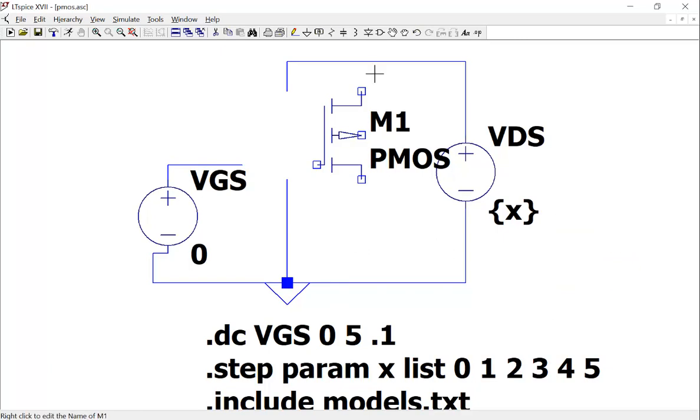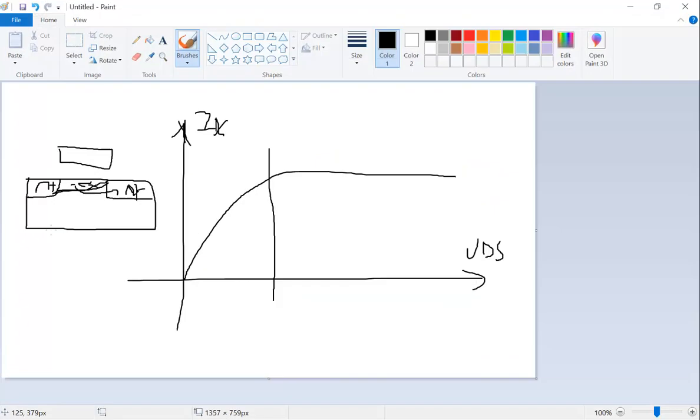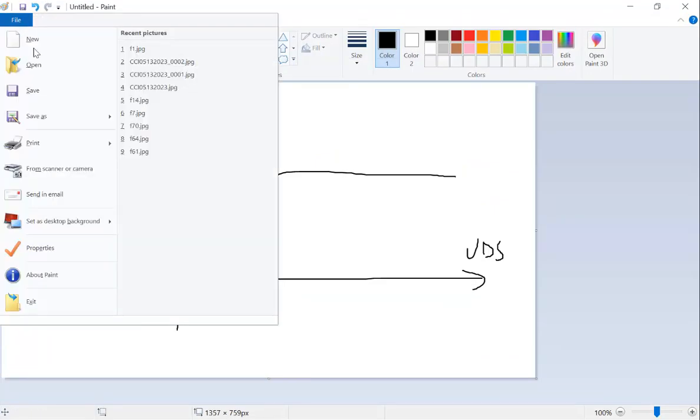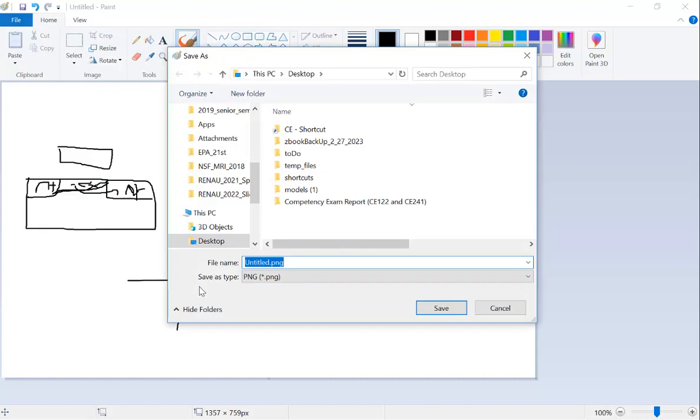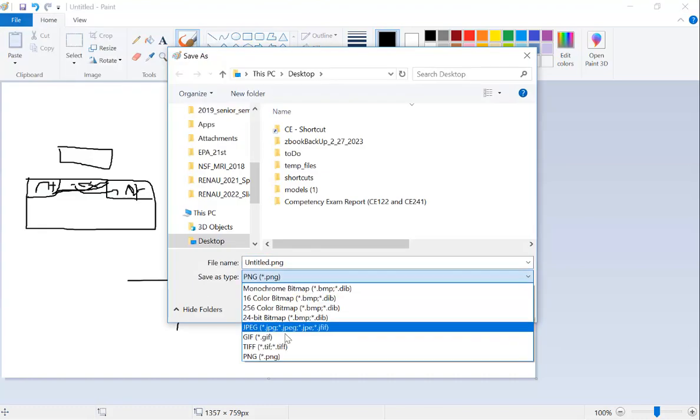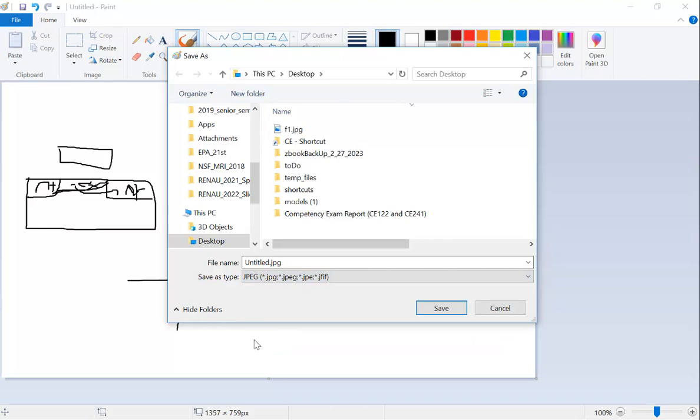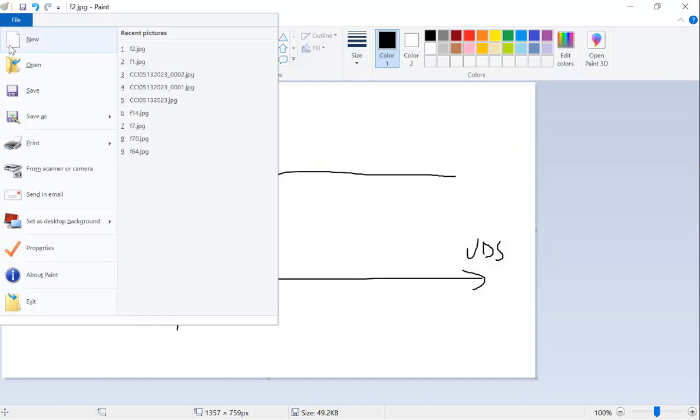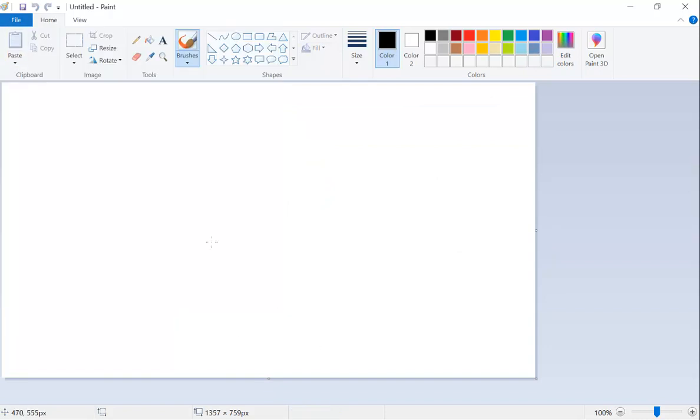Same as the PMOS. PMOS also has a gate on the top.